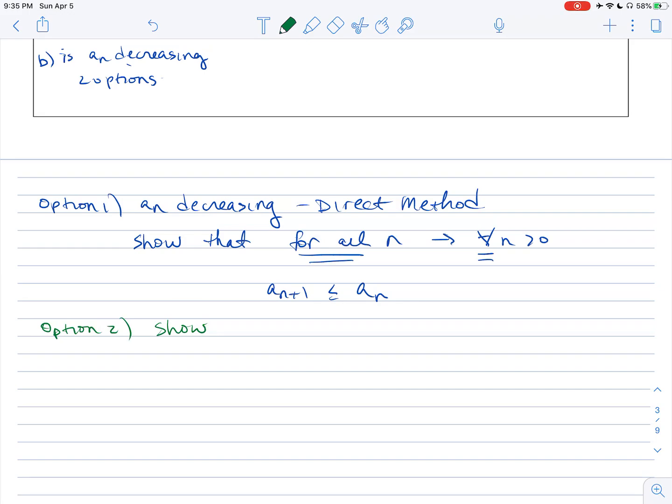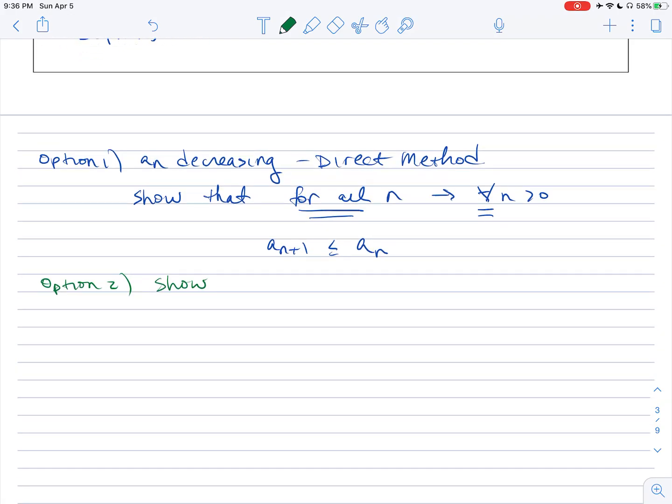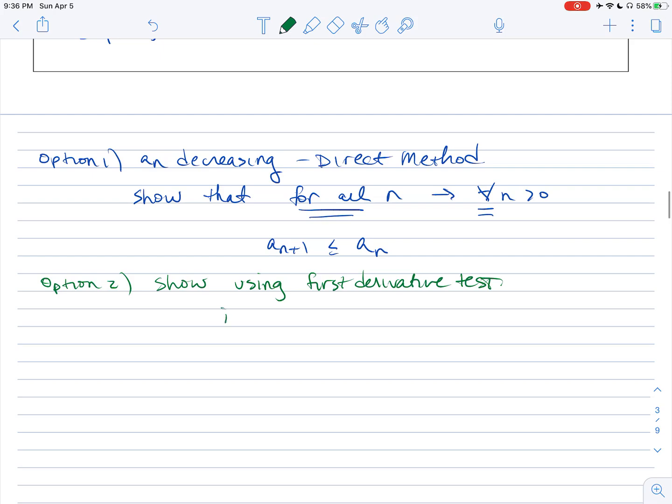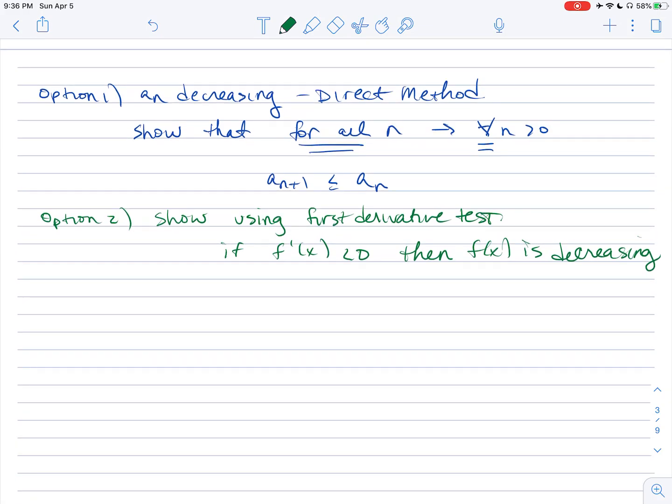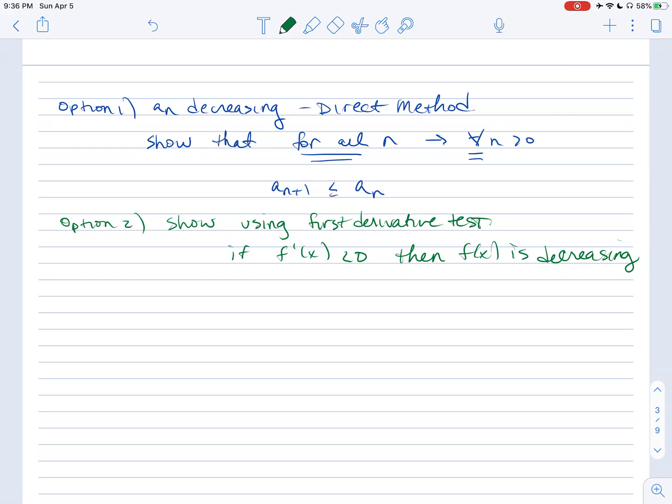With the first derivative test, we can show that if the derivative is less than 0, our original function is decreasing. So we want to show using the first derivative test. And what is the first derivative test? If the derivative is less than 0, then f of x is decreasing. Sorry, we don't need to use the extreme value theorem. We just know that the minimum will exist.